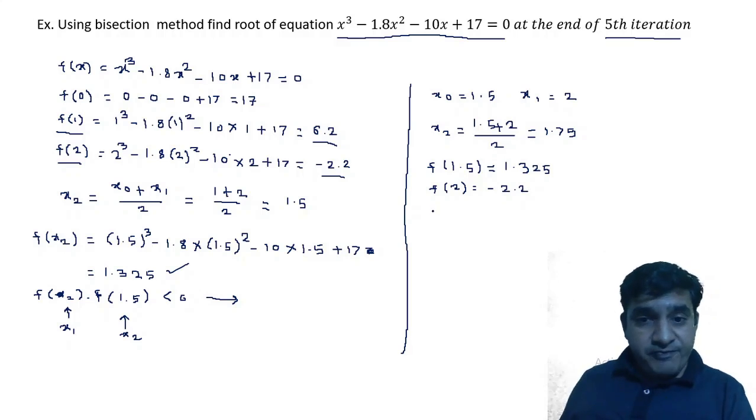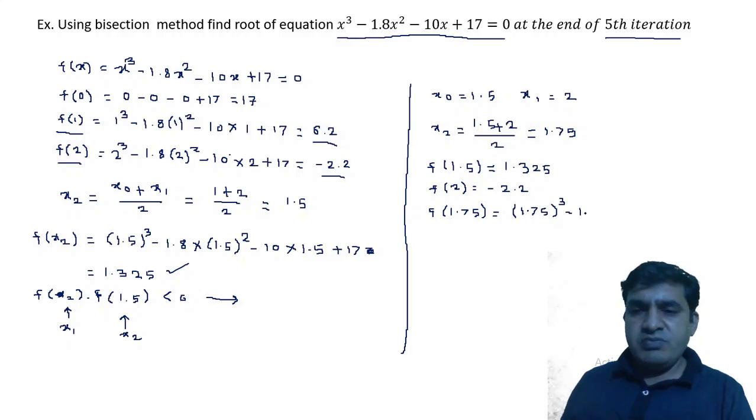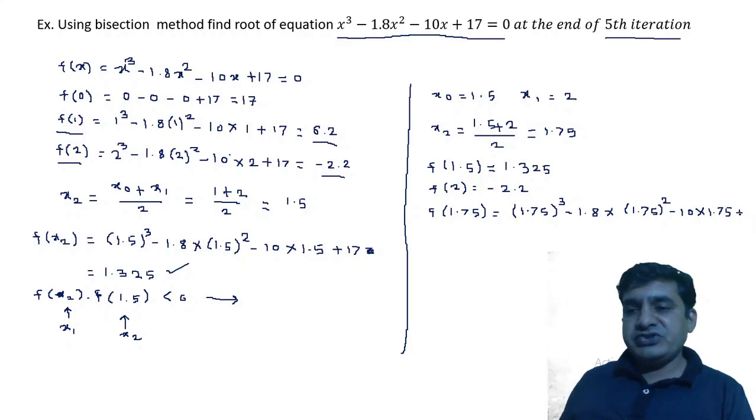Now f of 1.75, that is x2, is 1.75 cube minus 1.8 into 1.75 square minus 10 into 1.75 plus 17.